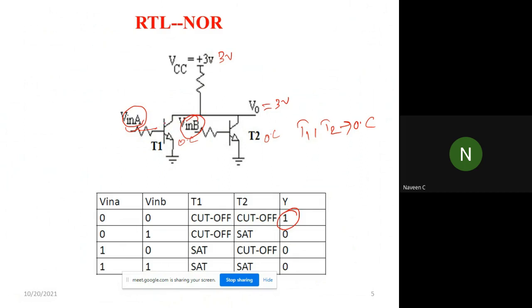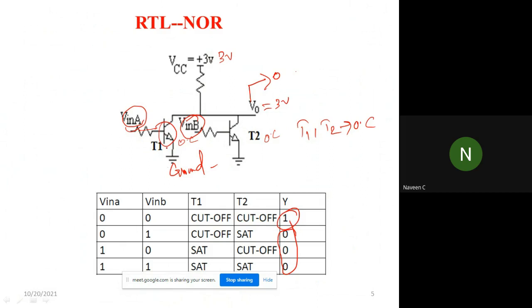When the switch started conducting, it will go to ground. If it goes to ground, then VO becomes 0. Our output became 0 in these conditions. So if either one of the transistors is conducting, it will get grounded.